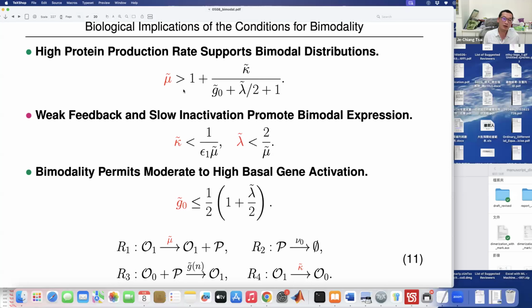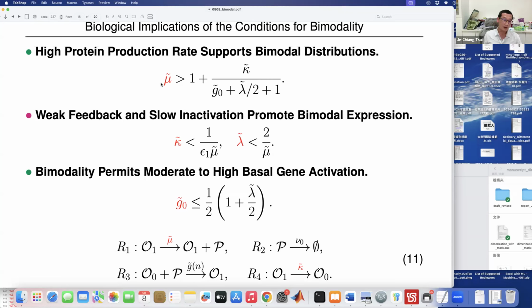Again, this is mu delta, which is related to the transcription rate for the protein. I skip the transcription process. So mu hat, mu delta, is the transcription process. This says that the transcription rate should be sufficiently large to have a bimodal distribution.